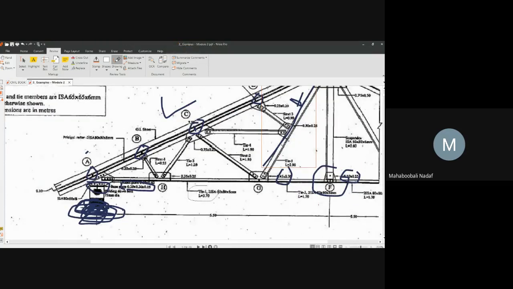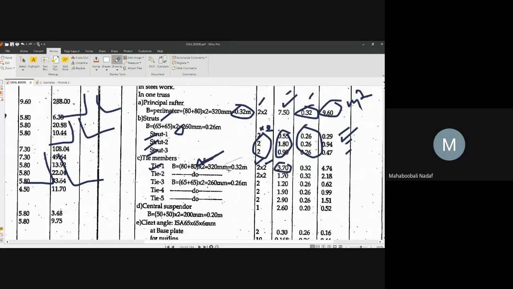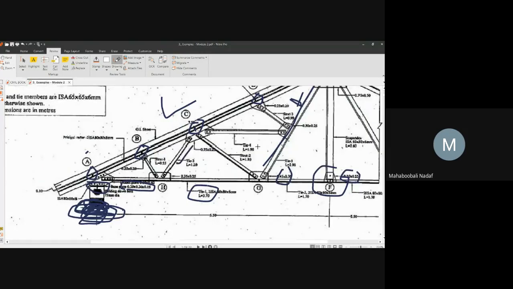This is it. And what is its perimeter? Perimeter just now we have calculated, 80/80 into 2, 0.32 meter. So we have written here 0.32 meter, and its total square meter will be 4.74. Tie member 1 is also same. Tie member 2 is also same. Tie member 3, 4, 5. These are double ISA or single ISA?